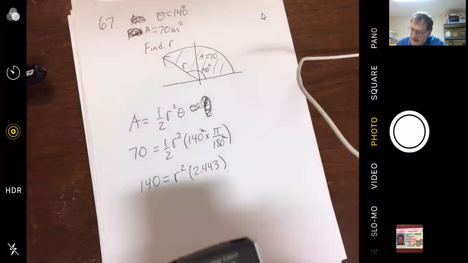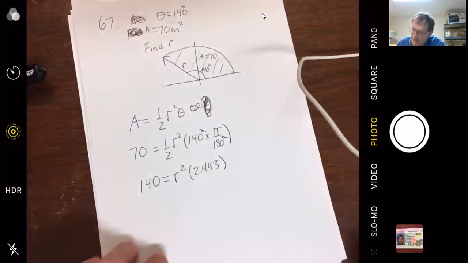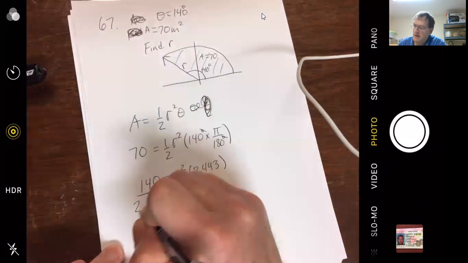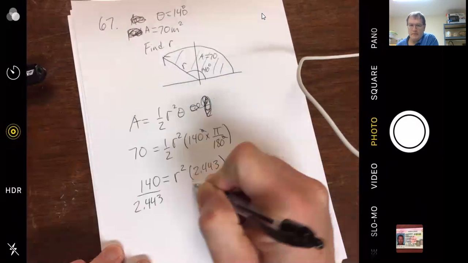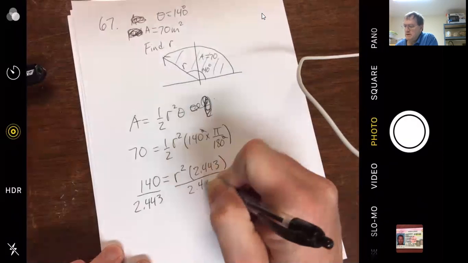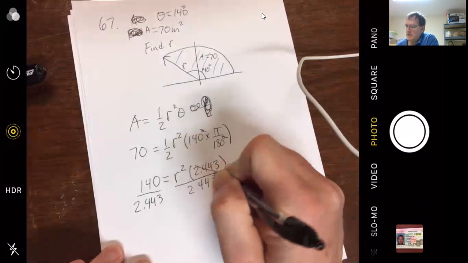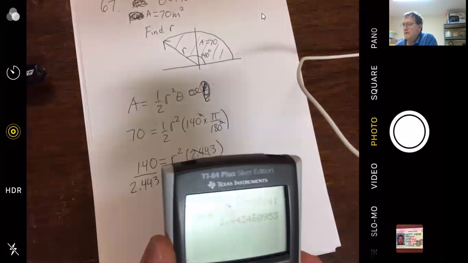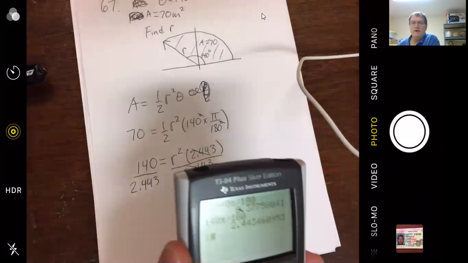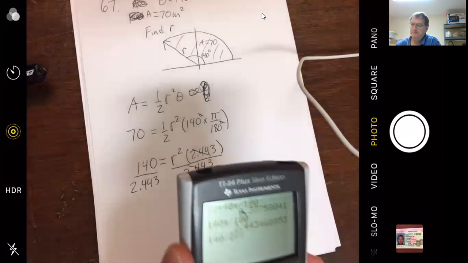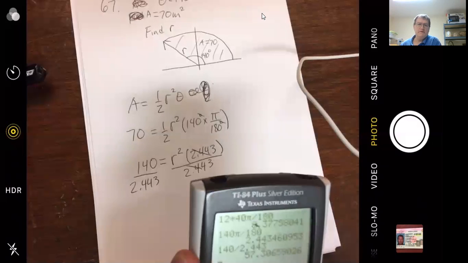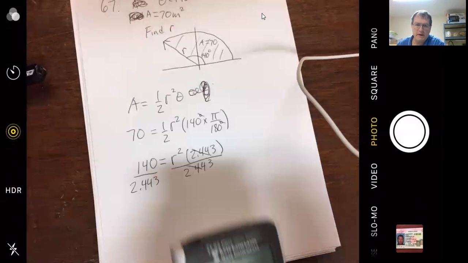Okay, we can divide both sides by 2.443. This will have a little bit of round off error, probably from the book. 57.3. All of a sudden the Wi-Fi slowed down a little bit.